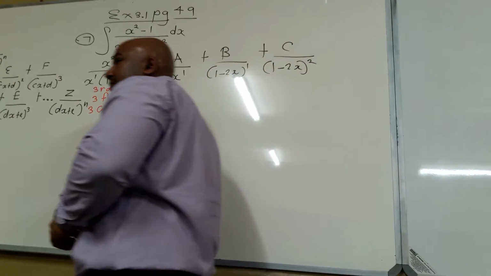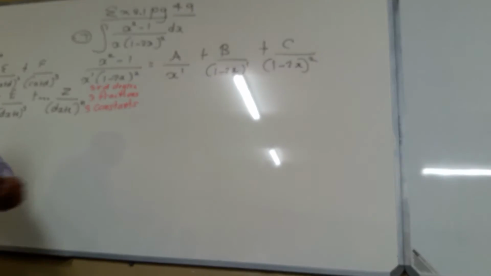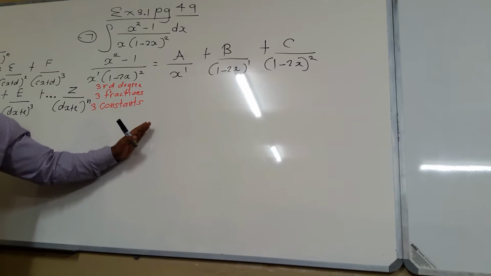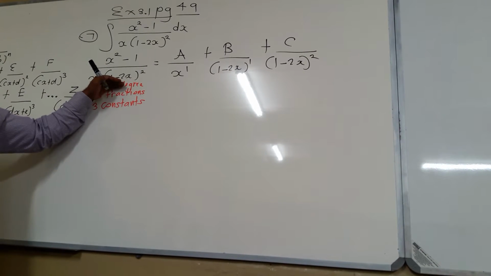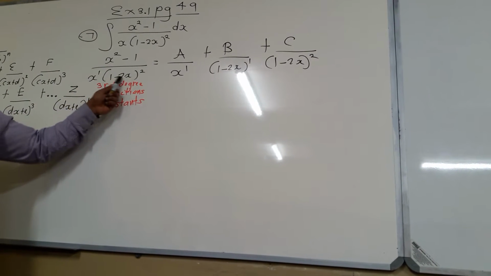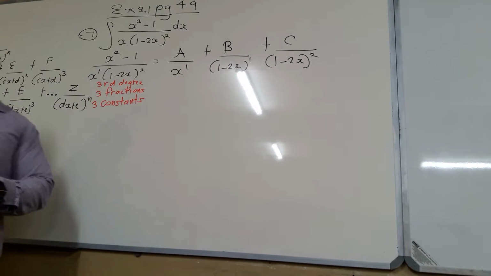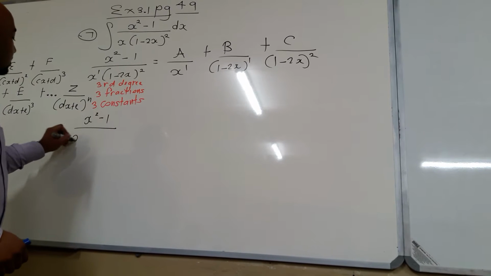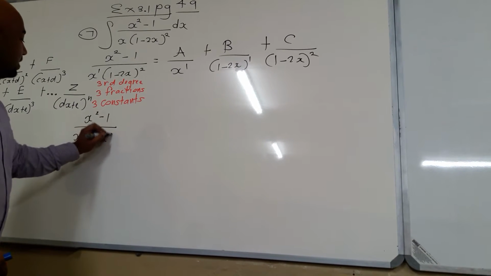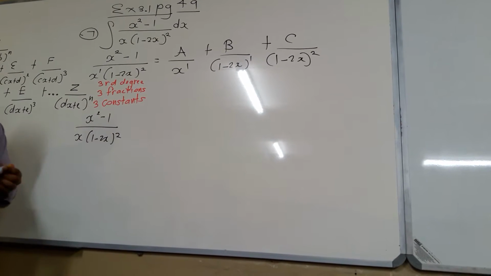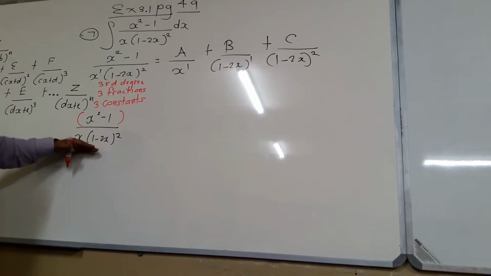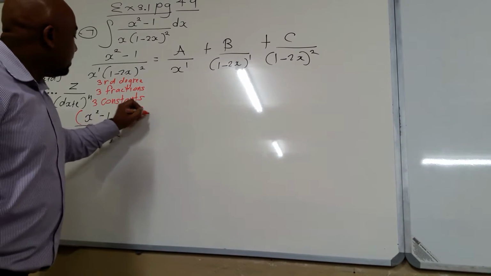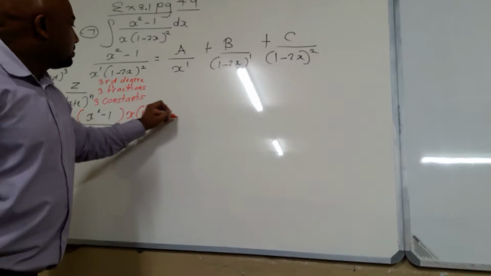So now the next step is to find the LCD on both sides. Get rid of the denominators. Right, the quick method here to do that is multiply by the denominator on both sides. So I got my (x squared minus 1) all over x times (1 minus 2x) all squared. I'm going to multiply by this denominator here on both sides. So that will be x times (1 minus 2x) all squared.